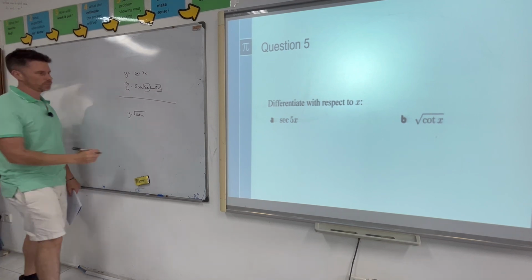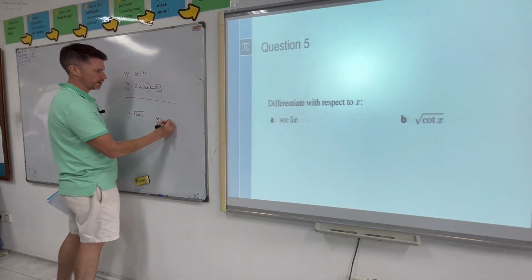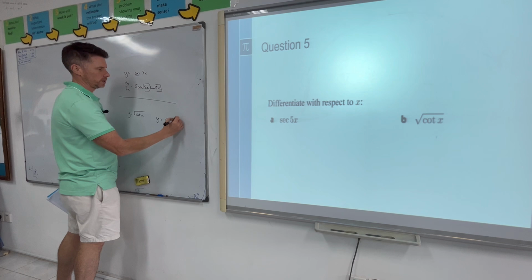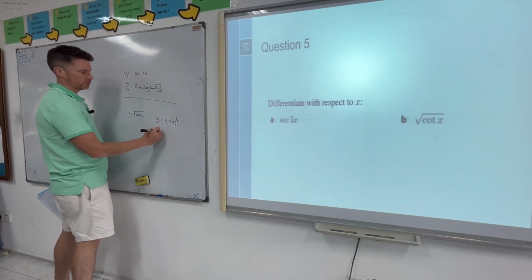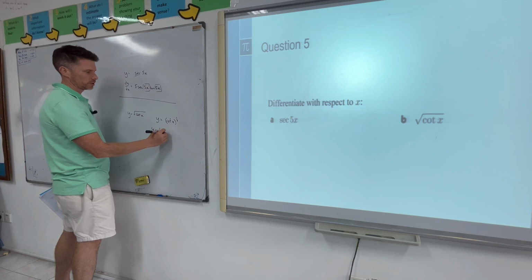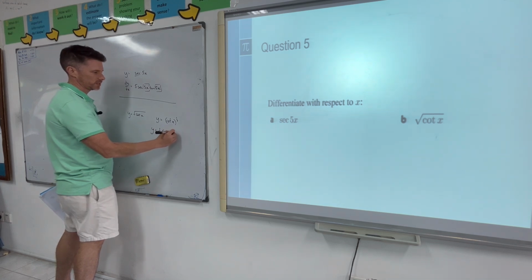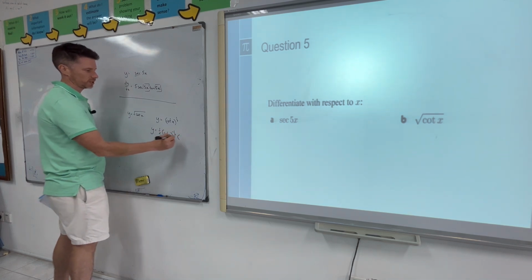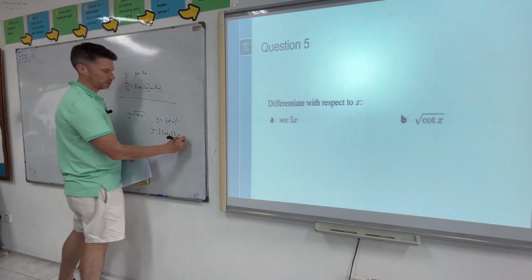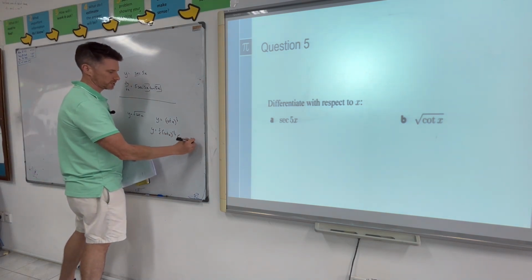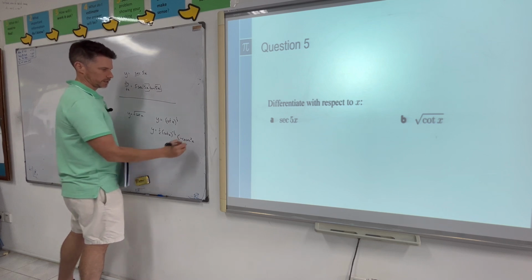Oh. This one then, perhaps a rewrite with the power of a half might help to start. So this is a chain rule again. So y then is equal to a half cot x to the power of minus a half. Now what's the derivative of cot x? Refer to your formula booklet if you're not entirely sure. That's cosec squared x. Isn't it? Yes, it is.